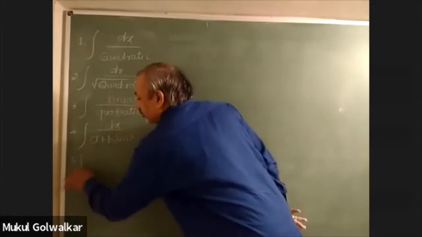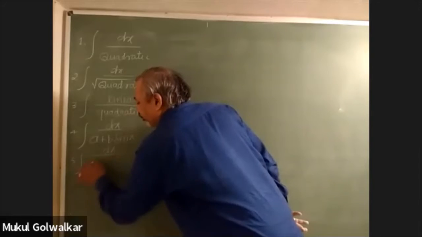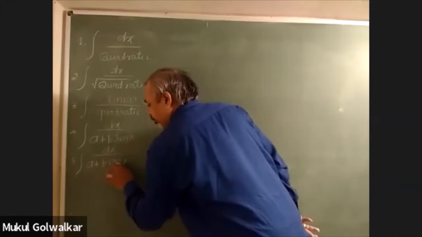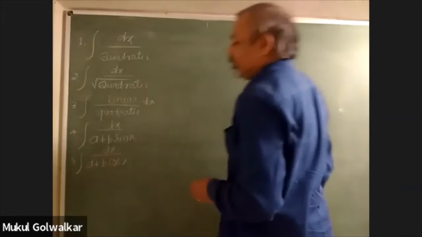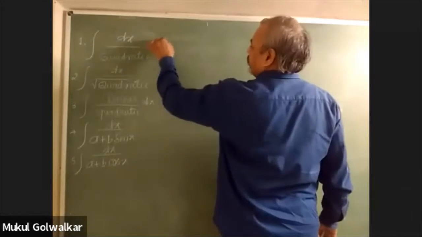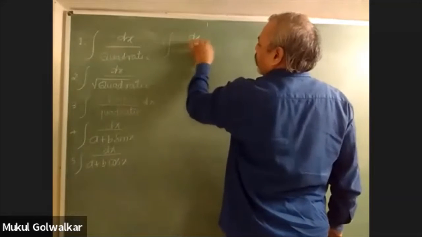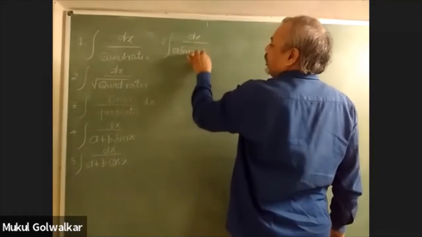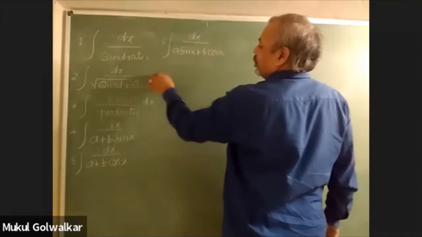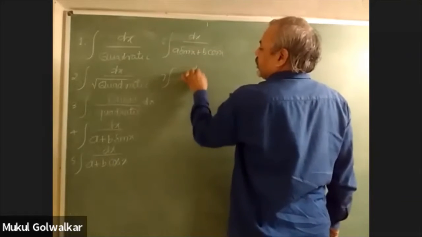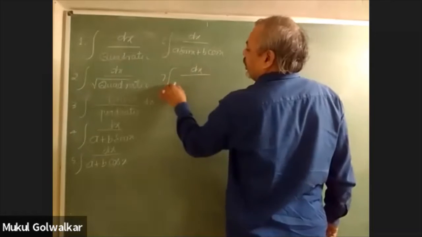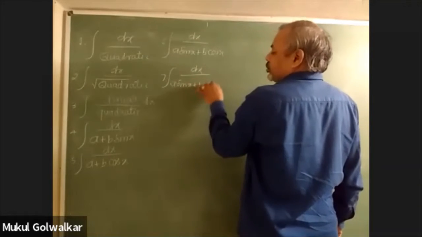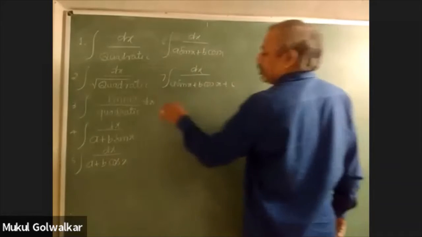Fifth question will be similar to that: dx upon a plus b into cos x. Sixth will be dx upon a sin x plus b into cos x. Seventh standard function would be dx upon a sin x plus b cos x plus c.